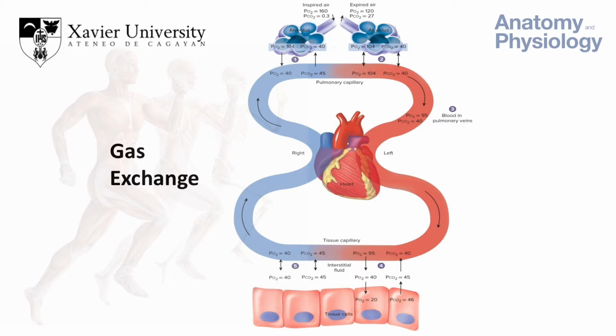Lastly, as a result of diffusion at the venous ends of tissue capillaries, the PO2 in the blood is equal to the PO2 in the tissue, and the PCO2 in the blood is equal to the PCO2 in the tissue. So it goes back to the first step all over again.